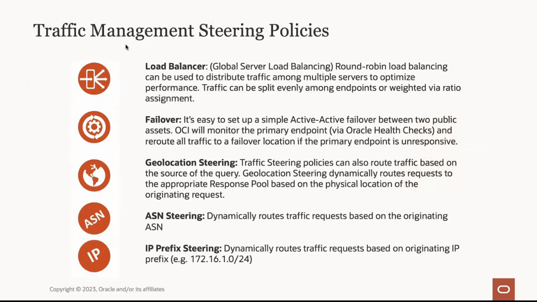Let's say you have a global deployment, whether it's US, Europe, APAC, and you want the incoming customer request to go to a particular location. You can certainly use geolocation steering so that a European deployment serves all the European customers, and APAC goes to APAC, so you reduce the network latency. Now, the last two are based on the ASN number as well as IP prefix steering.